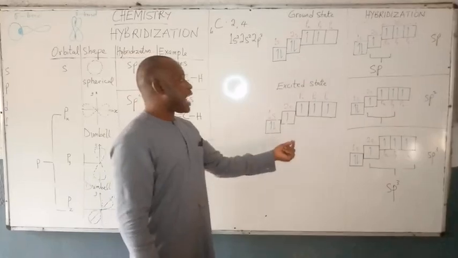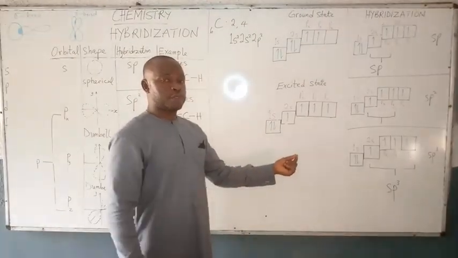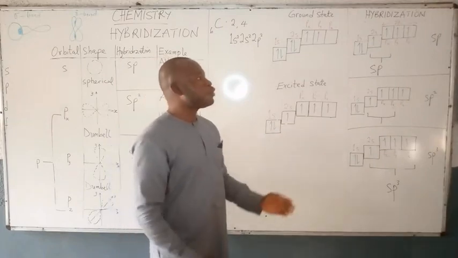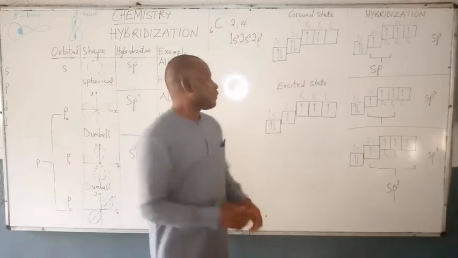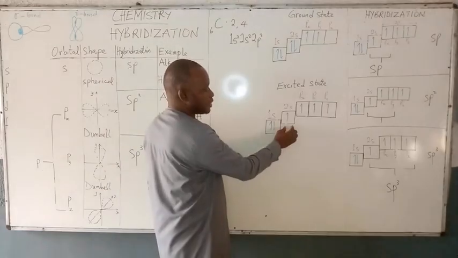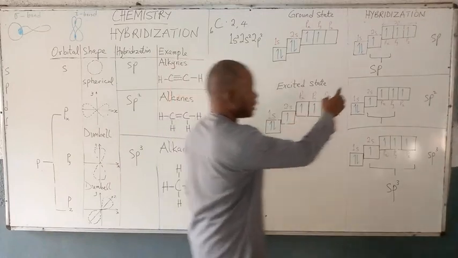For this atom that has become excited to bond with other atoms, we are going to do what we call hybridization. We are going to mix either one s orbital here with one p orbital, which is what is happening here.